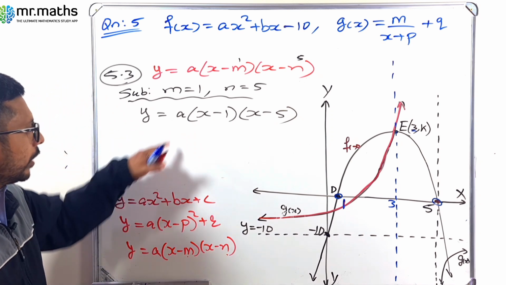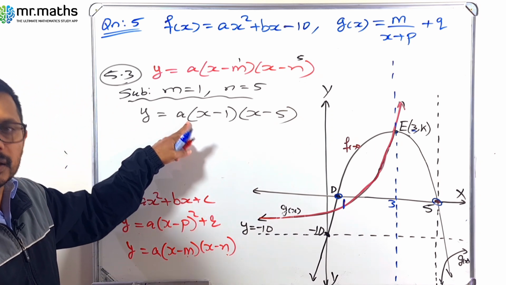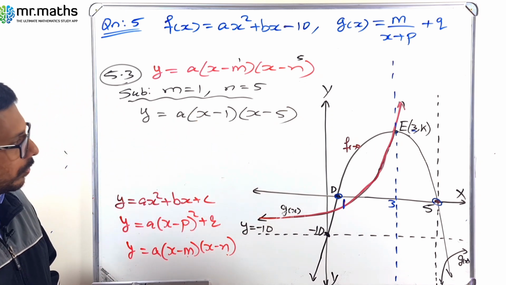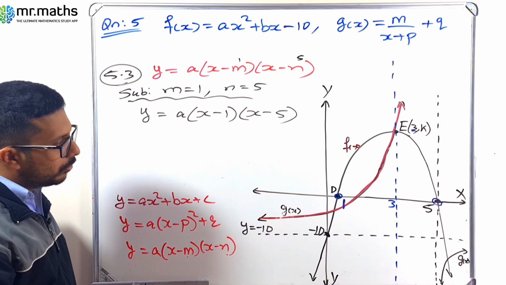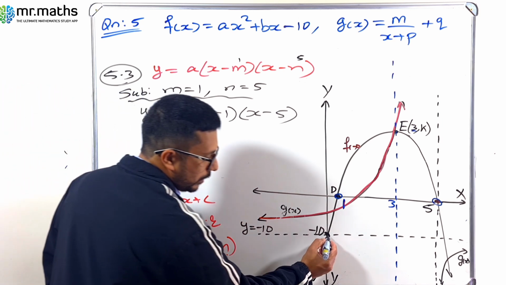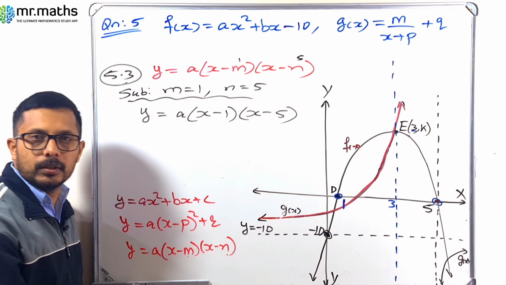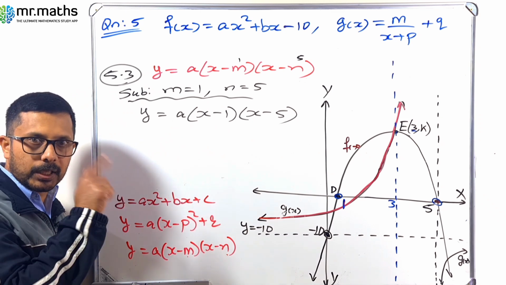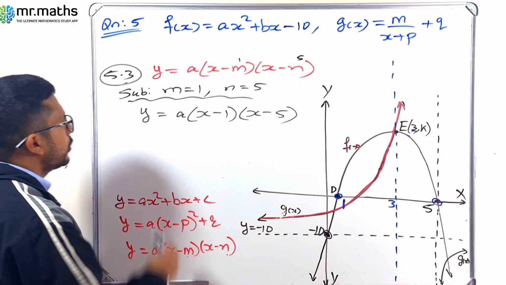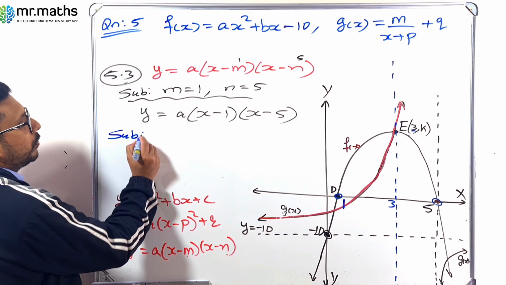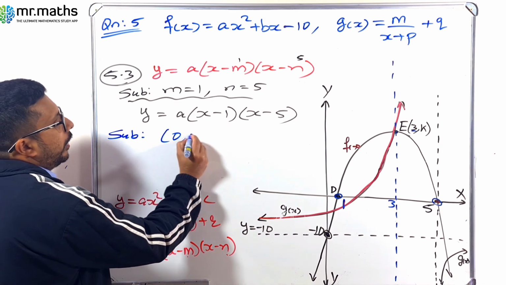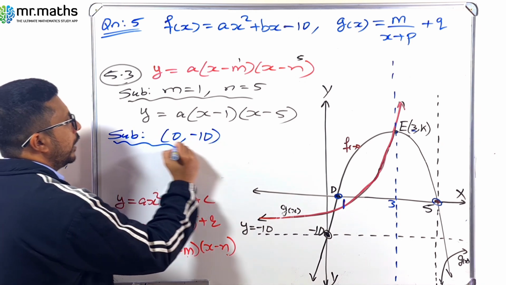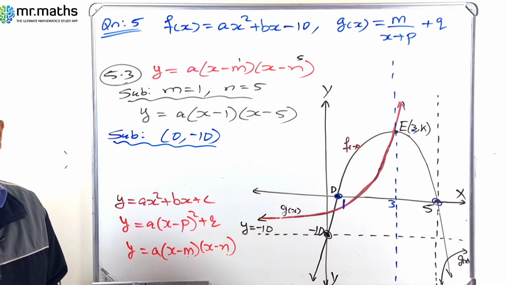Now we have to know what is the value of this a. Then we have to expand the bracket. Here we already know another point, the y-intercept. What is the y-intercept? Minus 10. That means at the y-intercept x is 0. So substitute x as 0 and y as minus 10.